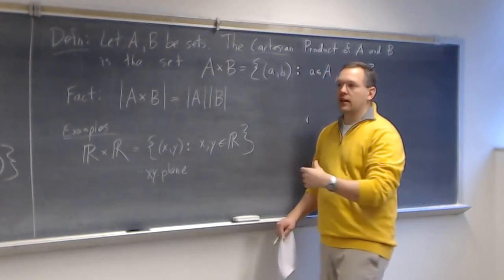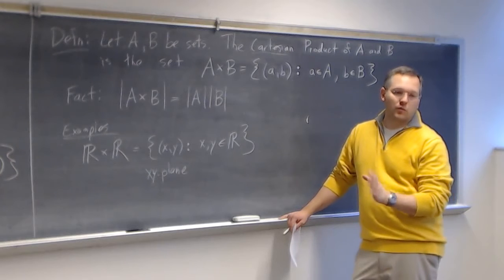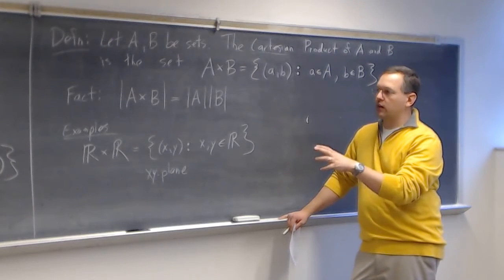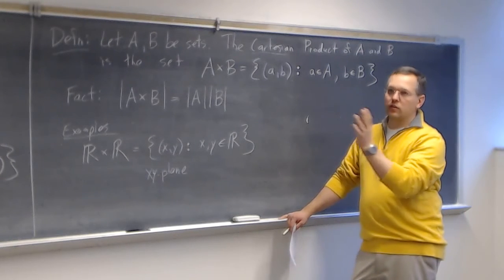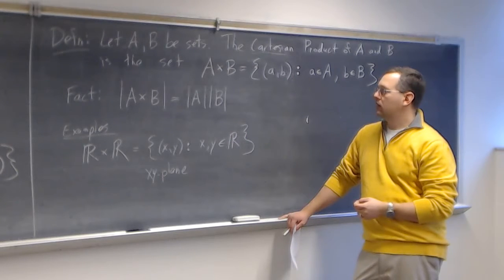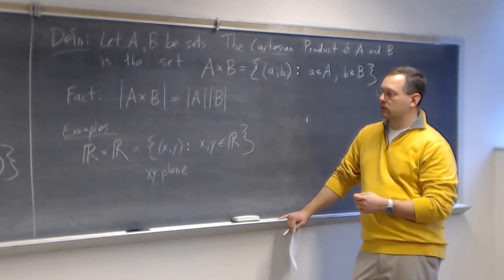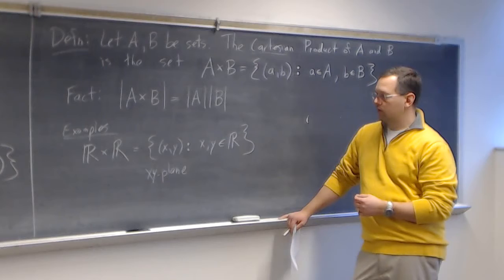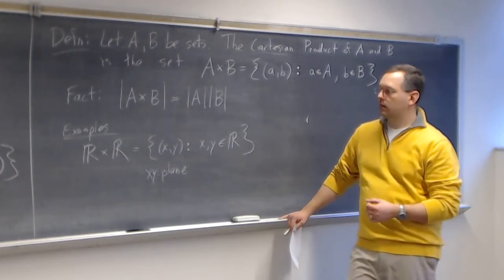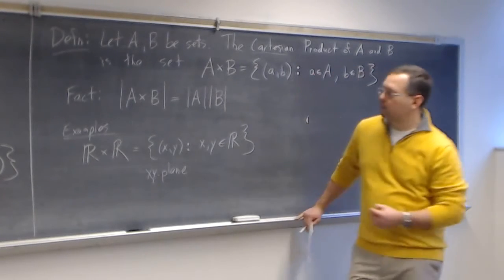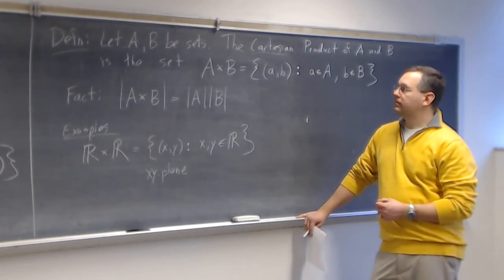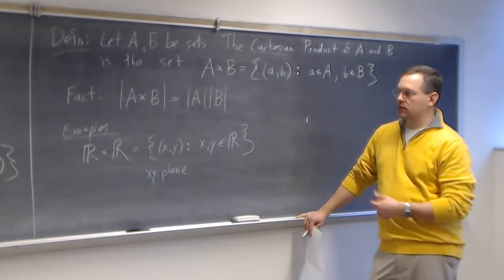And so he came up with this idea, and it revolutionized mathematics. When you could study geometry using algebra, it revolutionized mathematics. And so this is one of the greatest inventions of history, of mankind, in my opinion. But so, the xy plane.